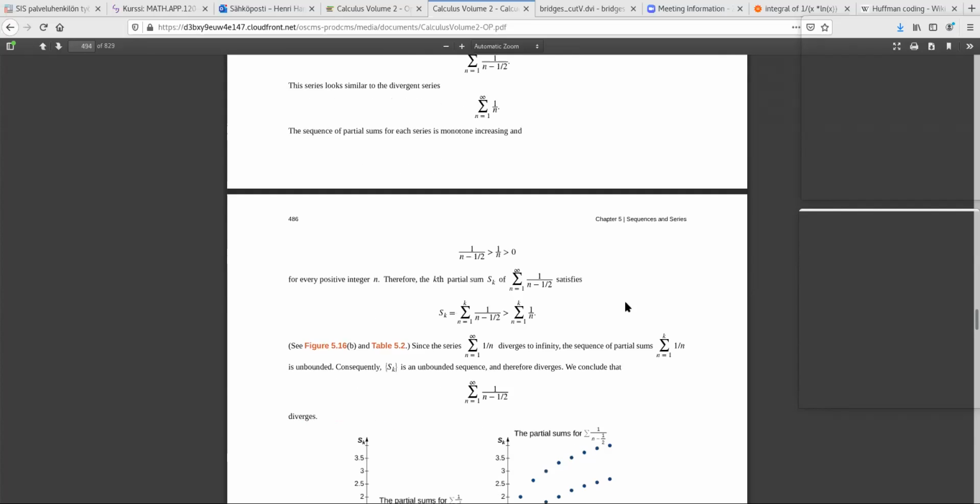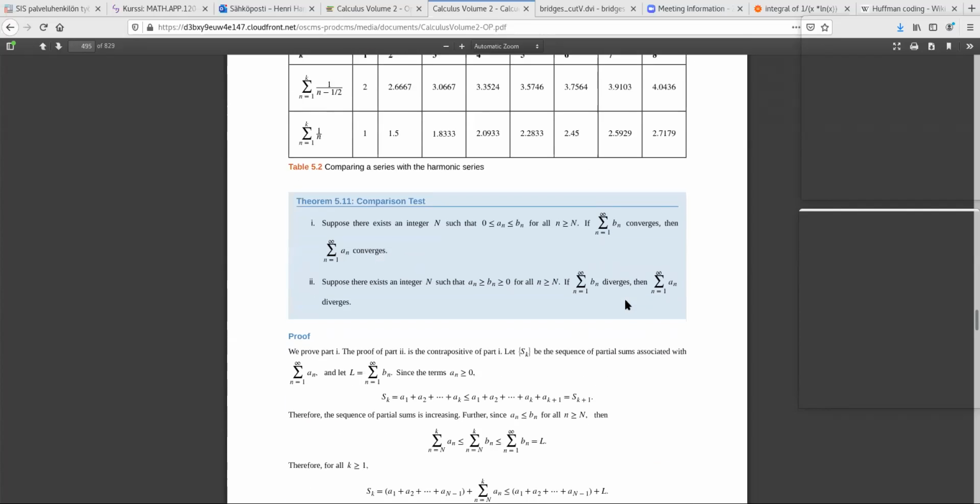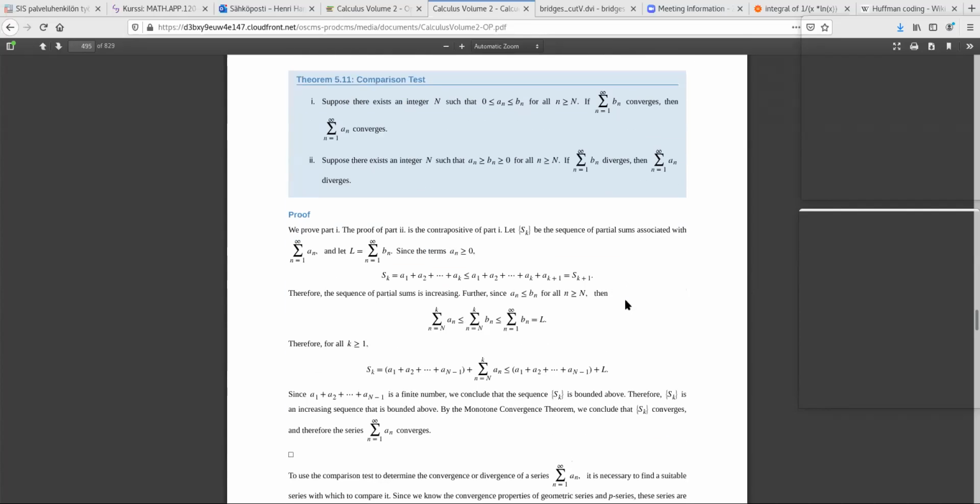So whenever we are comparing these things, here's the comparison test. If we have a_n smaller than or equal to b_n for all n from some point onwards, then if the B series converges, the A series also converges.